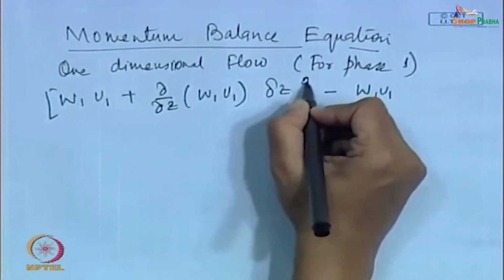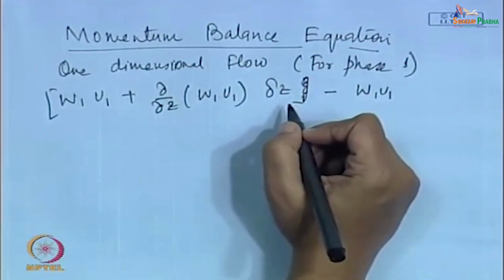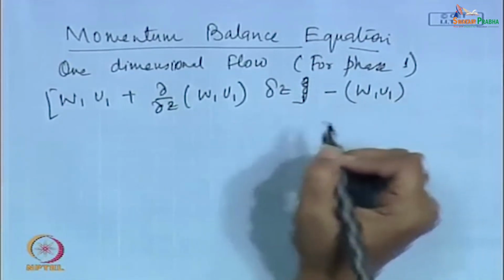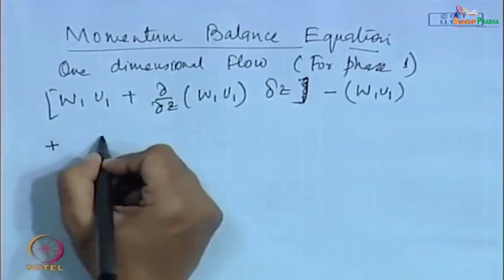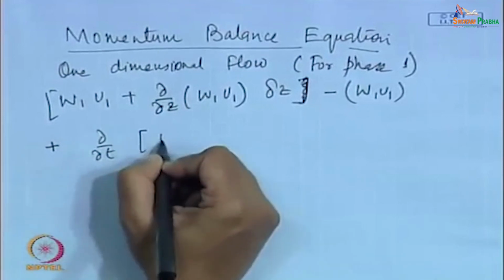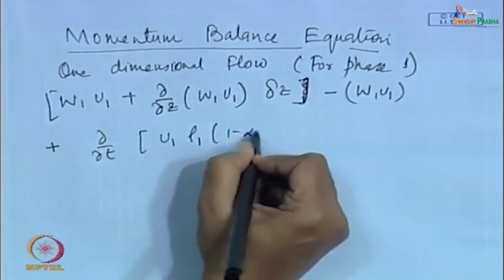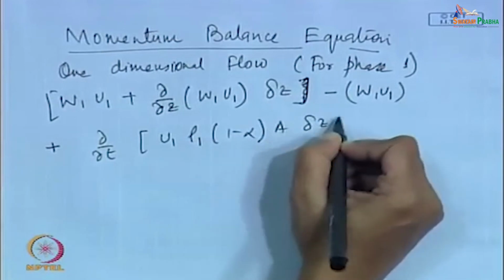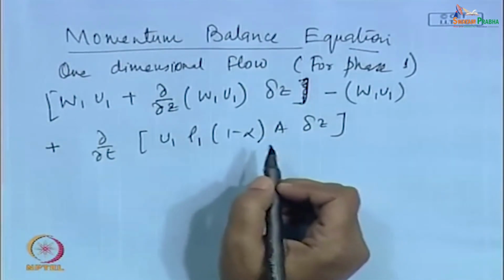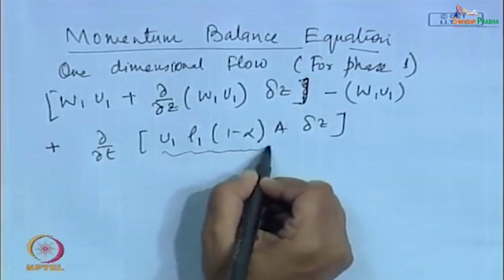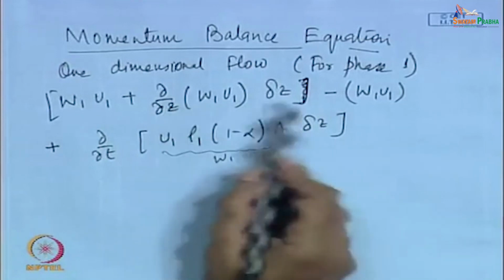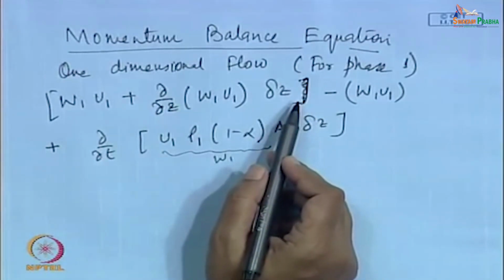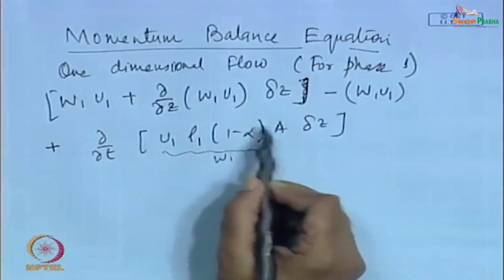Minus W1 U1, okay, plus del del T of U1 rho 1 1 minus alpha A delta Z, where this is nothing but W1, this part is W1. So, this is the rate of momentum outflow minus the rate of momentum inflow plus the rate of momentum storage here.